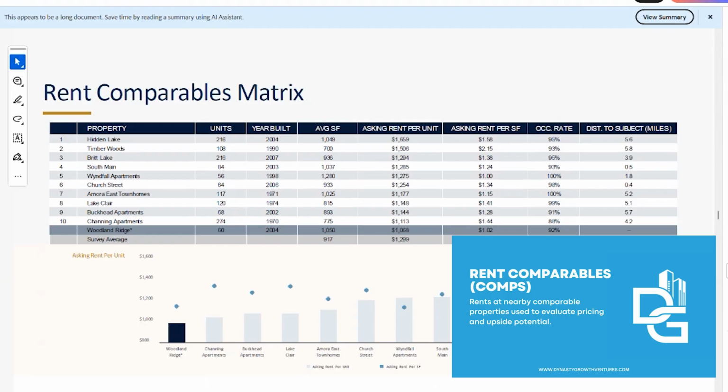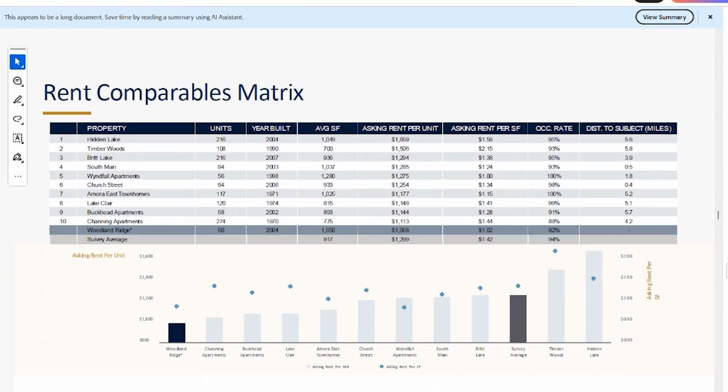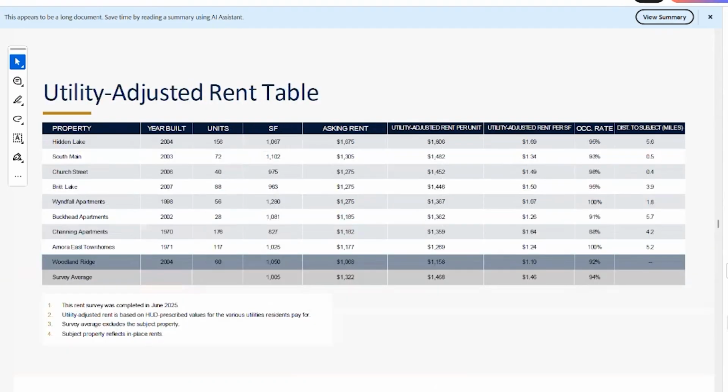We want to make sure we're looking at the year built and the size, because of course you could charge more for a newer apartment and a bigger apartment. Yes, some of our units are built in 2004, some are built in 1985. So keeping all that in mind, we're still pretty low compared to the competition here. Good sign. And a lot of potential for growth. That's the main thing here, potential for growth.